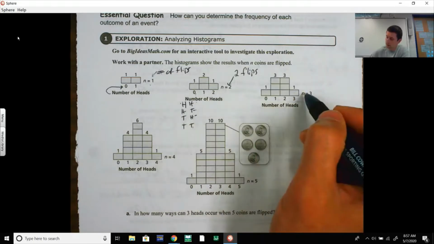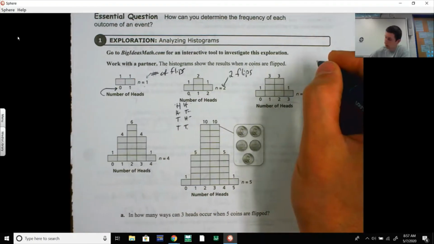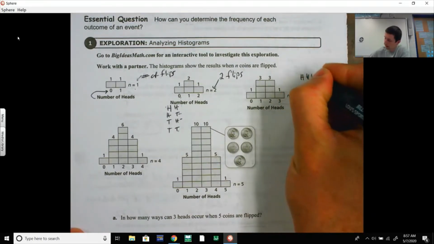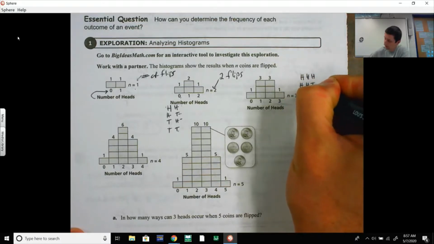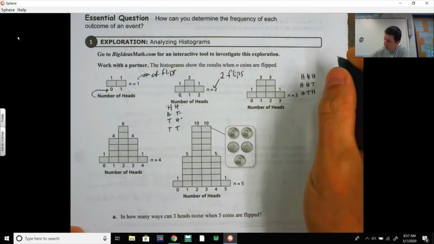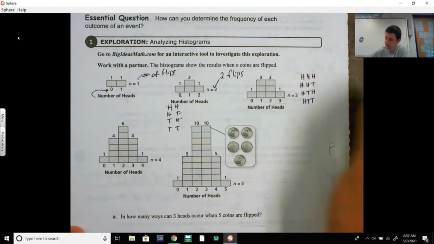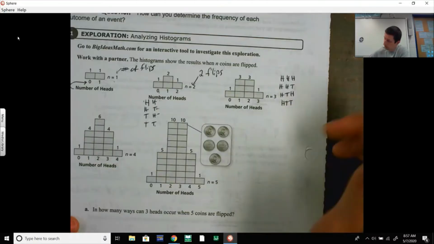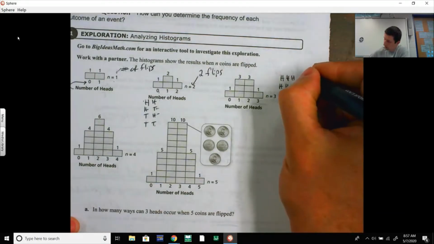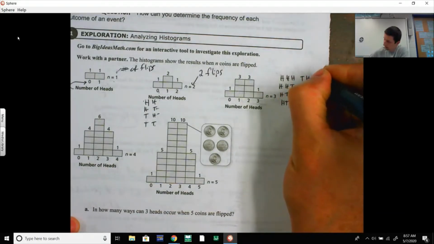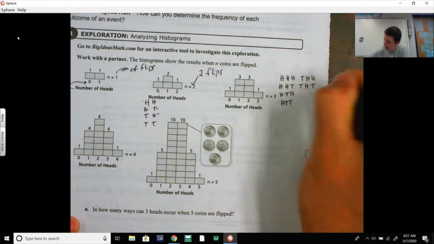Now they go to 3 flips. So we could go heads, heads, heads. Heads, heads, tails. Heads, tails, heads. Heads, tails, tails. Okay, there's 1 option there. We could go tails, heads, tails.